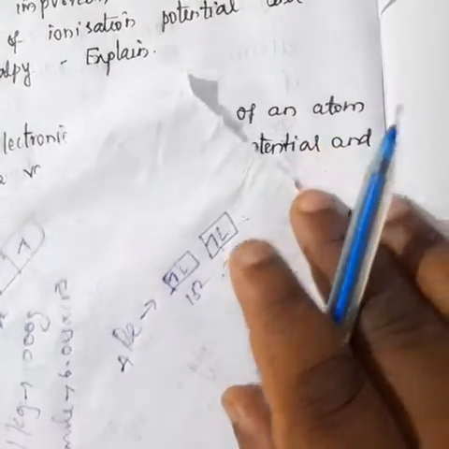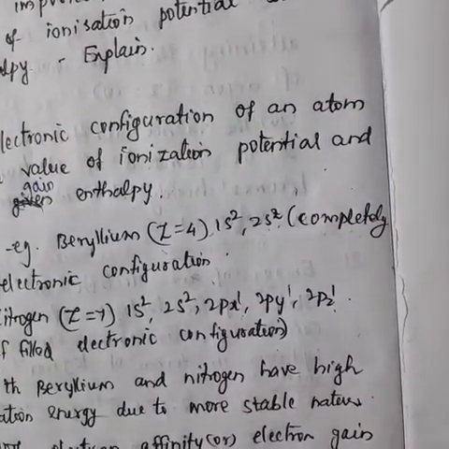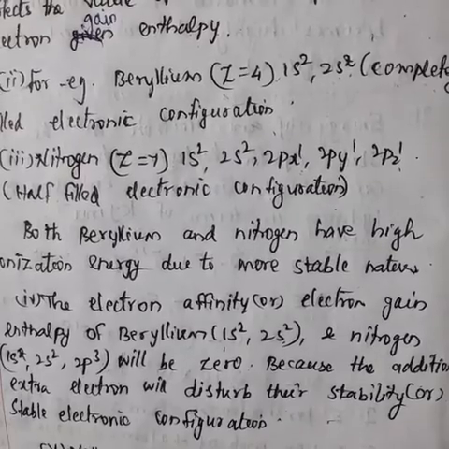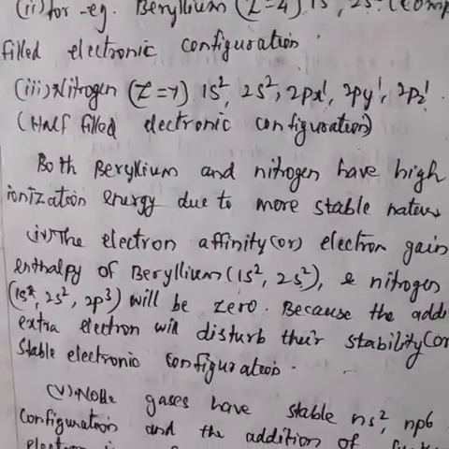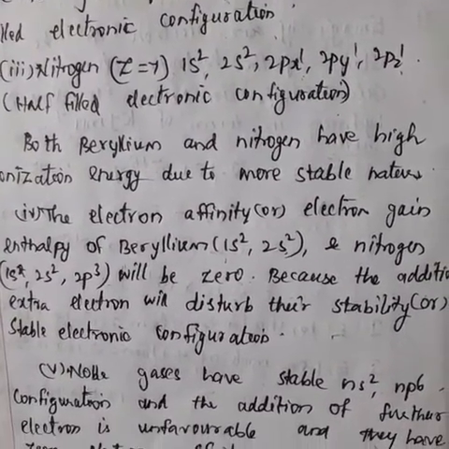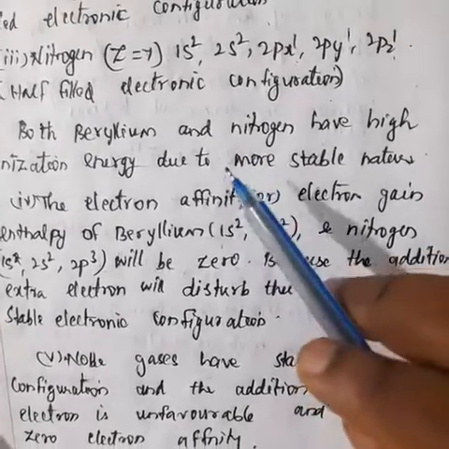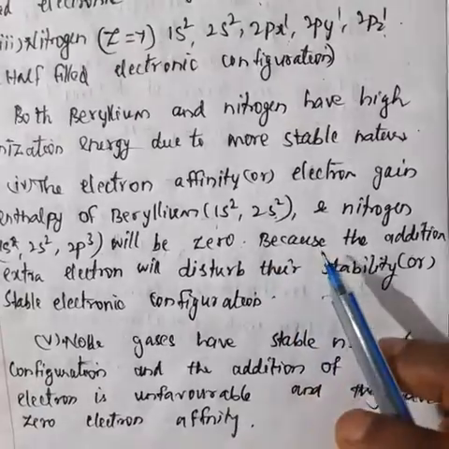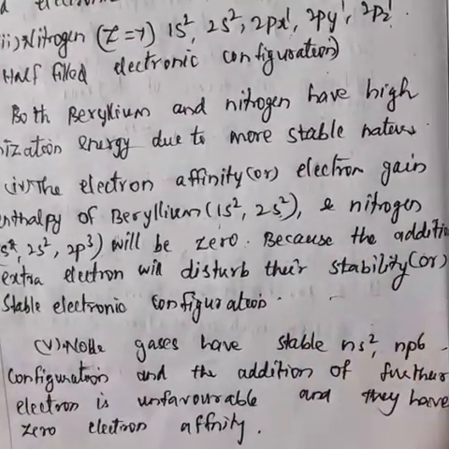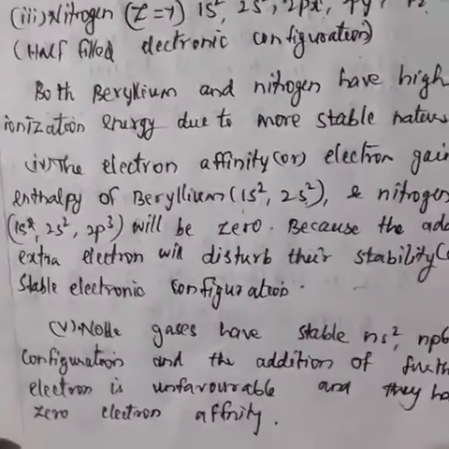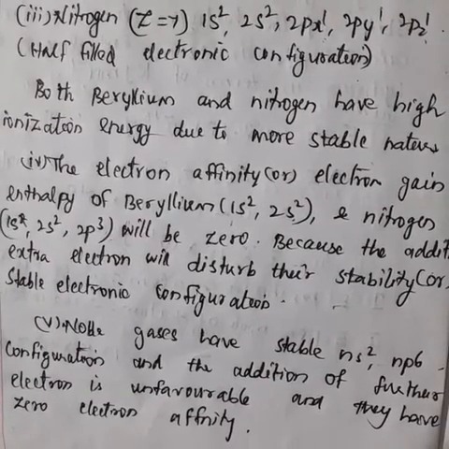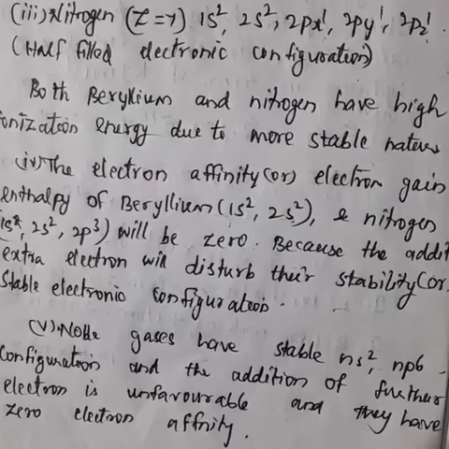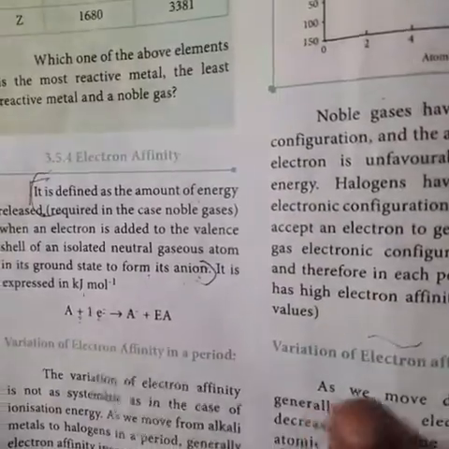And what is the fourth point? Electron affinity, or electron gain enthalpy. The electron affinity of beryllium and nitrogen will be 0. What do you mean by electron affinity? Electron affinity or electron gain enthalpy means the amount of energy released when an electron is added to the valence shell of an isolated neutral gaseous atom in its ground state to form its anion.